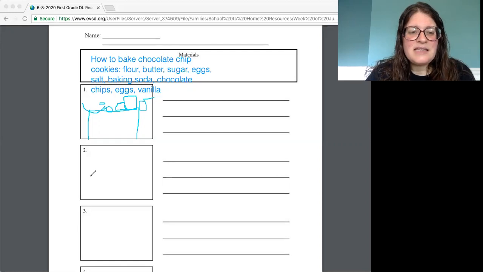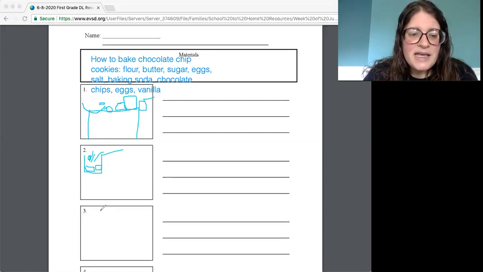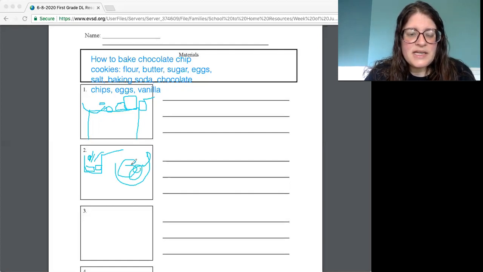And then the next step would be that I melt the butter in the pan, and then after the butter is melted, I would have to add some sugar in there, cool it off, and add the eggs, cracked, of course. And then in the big flour bowl, I would add the flour and the salt and the baking soda, and mix it all up together.